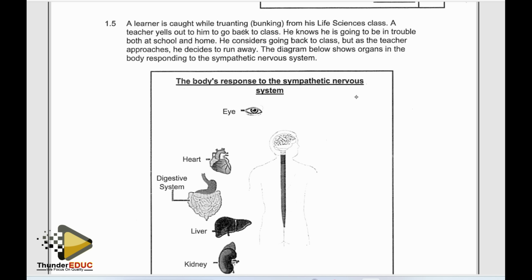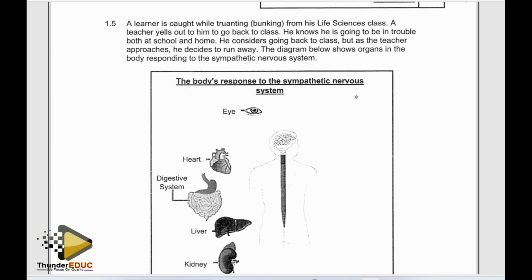Rana is calling while bunking from his life science class. A teacher yells out to him to go back to class. He knows he is going to be in trouble, both at school and home. He considers going back to class, but as the teacher approaches, he decides to run away.